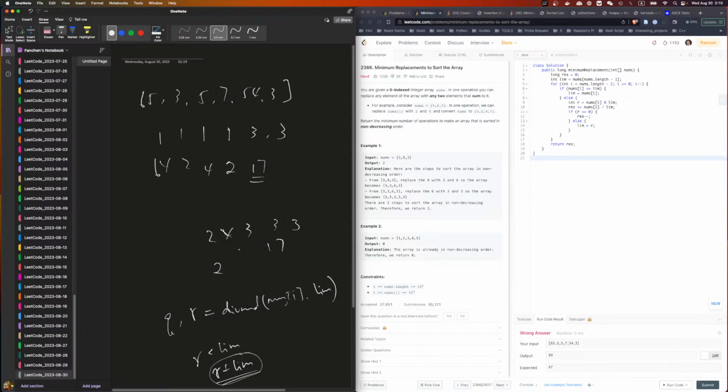If we split in half or really close to each other, then we might get a value that's going to be a smaller one, right? So R is smaller than lim. So R plus a lim was smaller than 2 times lim, right?